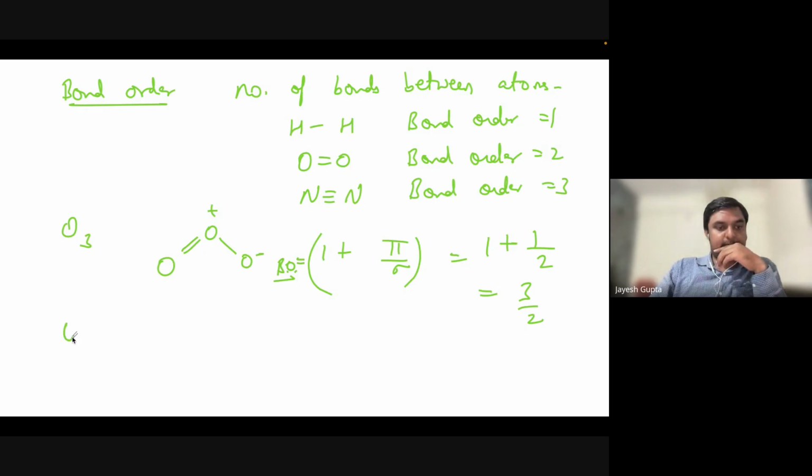So next compound you can take CO3 2 minus. Okay, tell me of CO3 2 minus what bond order you will be getting. Can you tell by drawing resonating structures? Okay, CO3 2 minus I am telling.